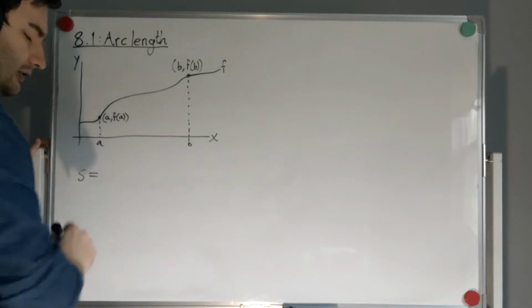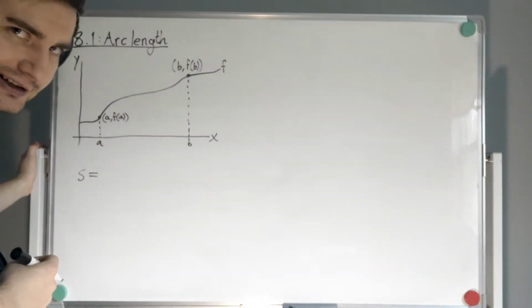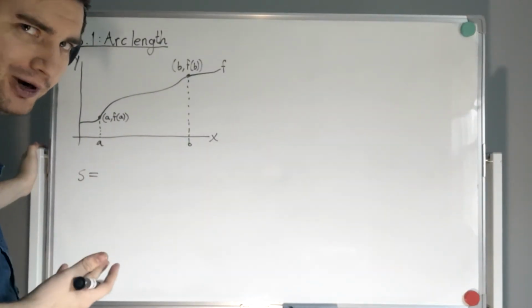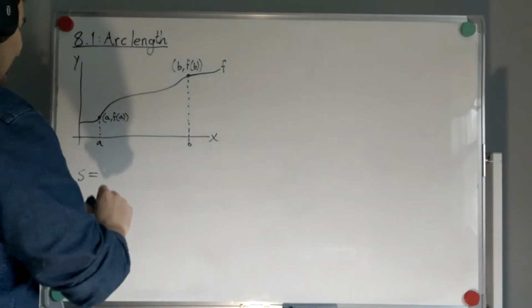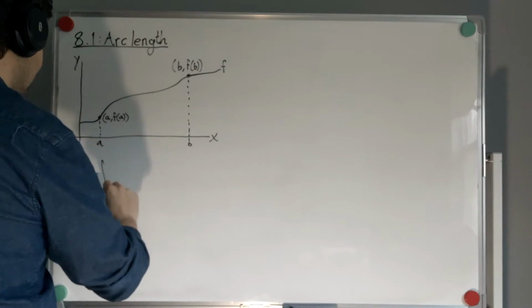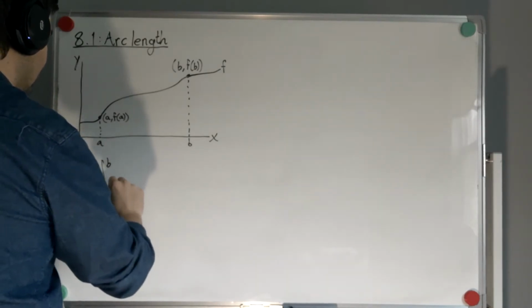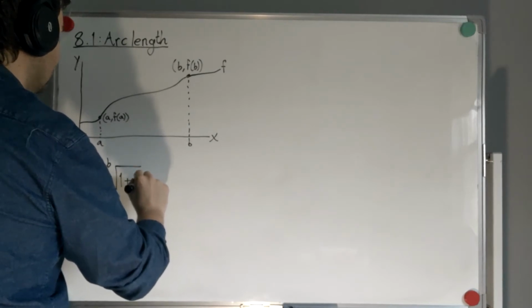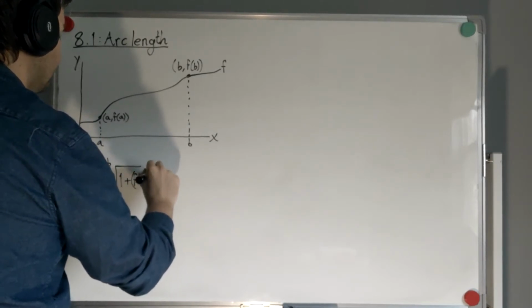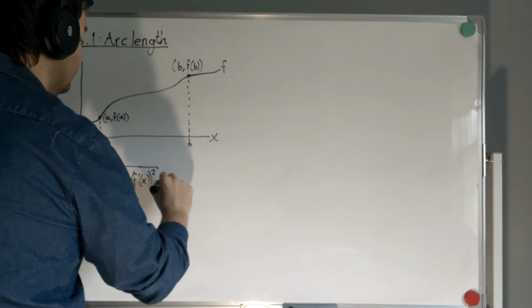The arc length, which for some reason is always denoted s. I don't know why s. I'm sure there's a reason, but I don't know it. This is the integral from a to b of the square root of 1 plus f prime of x squared dx.